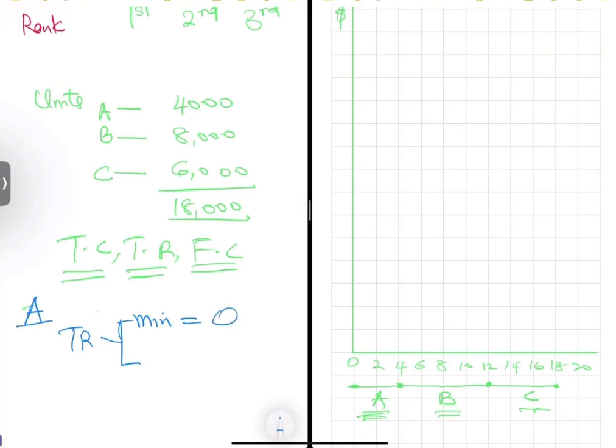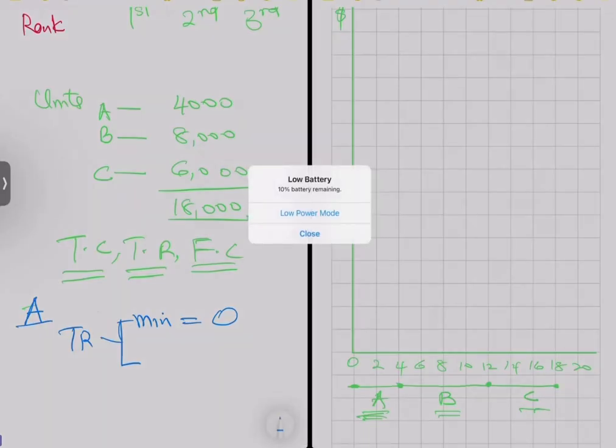It's 0. So remember, we are one company, we are selling A, B, C. So if we are starting from A, what will be our minimum revenue at that point in time? 0.